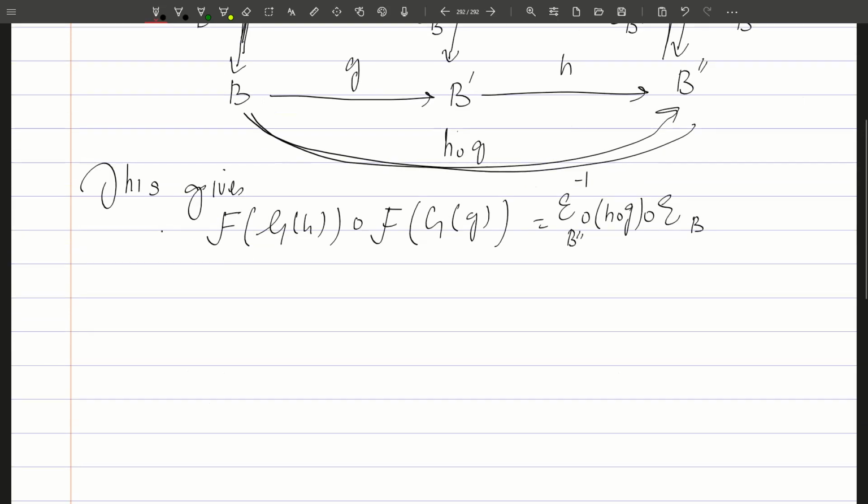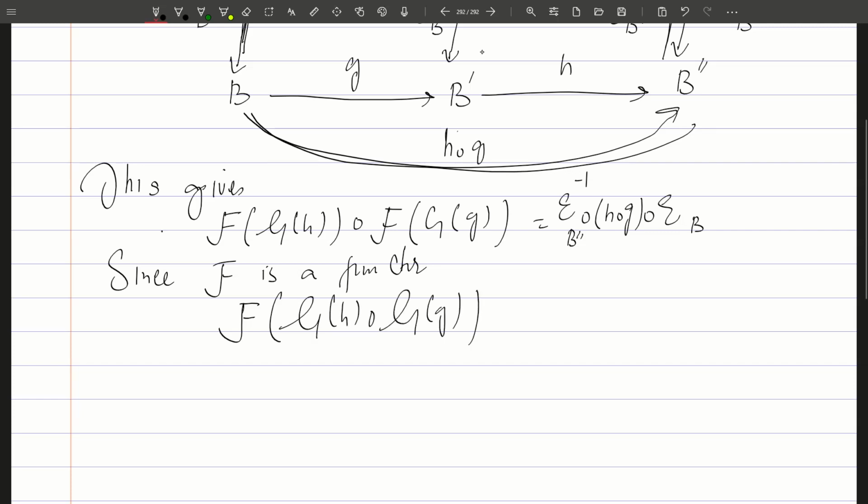Now since F is a functor, this would imply F of G of h composite G of g is the same as epsilon b double prime inverse composite h composite g composite epsilon b.